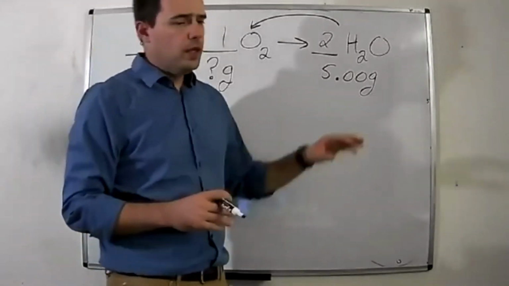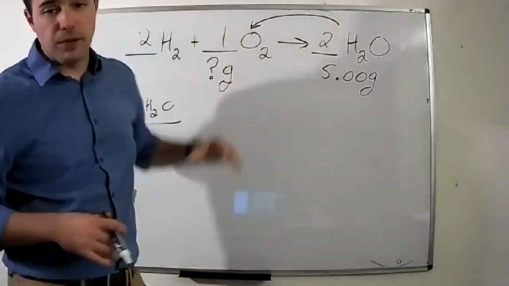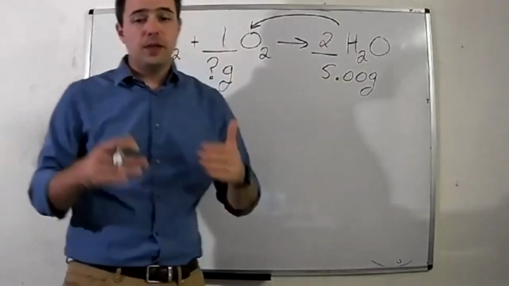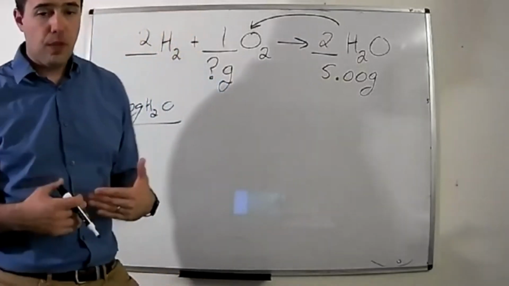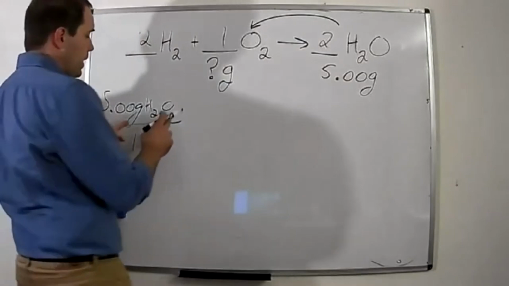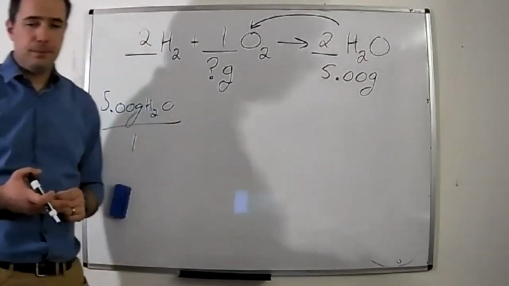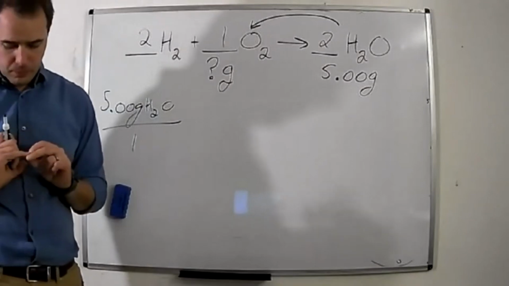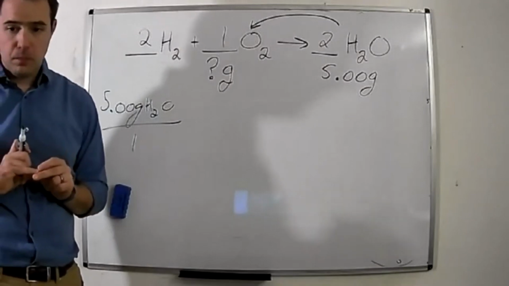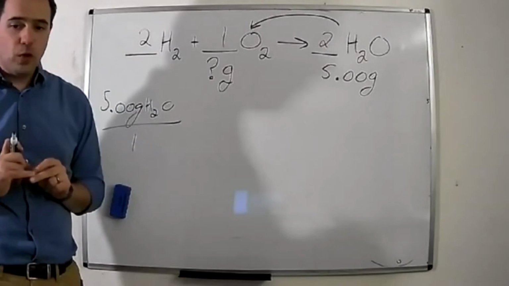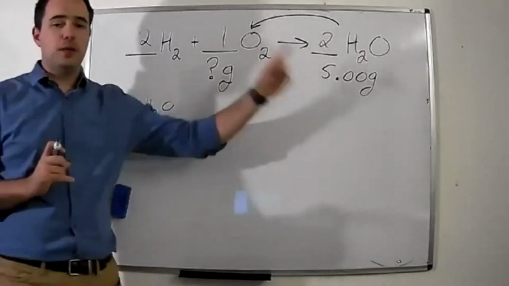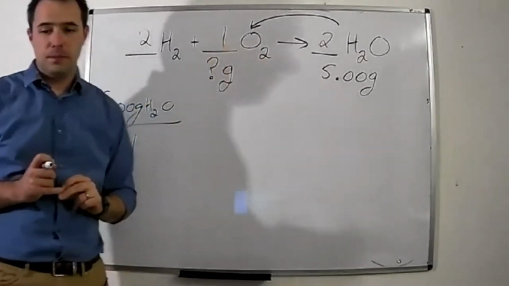My goal is to jump from here to here, but I cannot jump from here to here until I'm in moles, right? So my first step, if I'm in grams of H2O, what do I need to do before I can jump? What's my first step going to be if I want to go from here to here, but I'm not in moles?